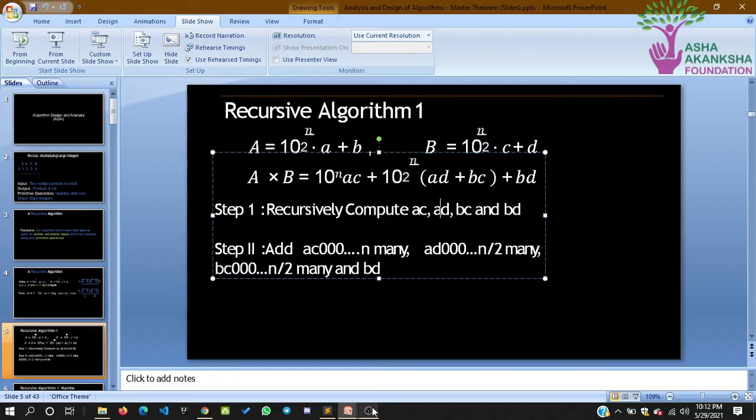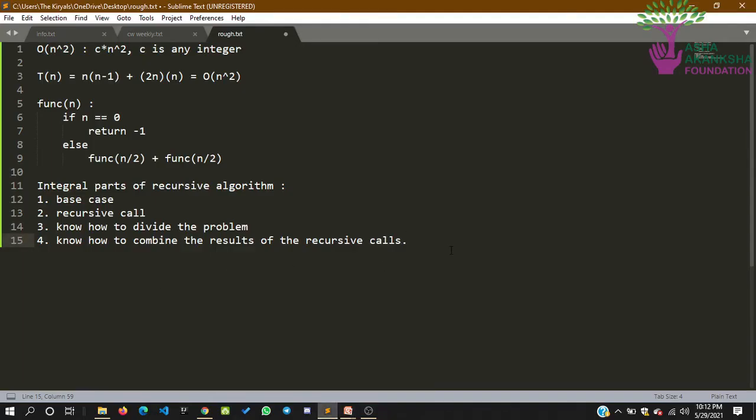So initially you were given two numbers, capital A and capital B. Now you have split capital A into 10 to the power n by 2 into a plus b, and capital B is equal to 10 to the power n by 2 into c plus d.